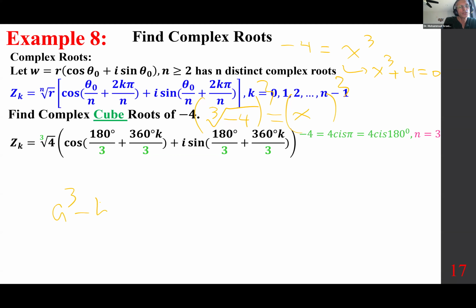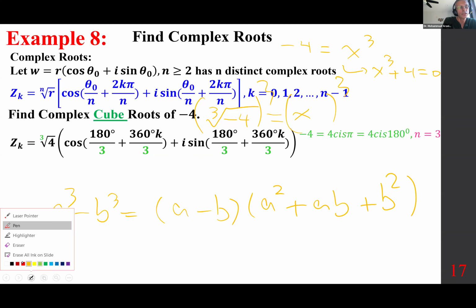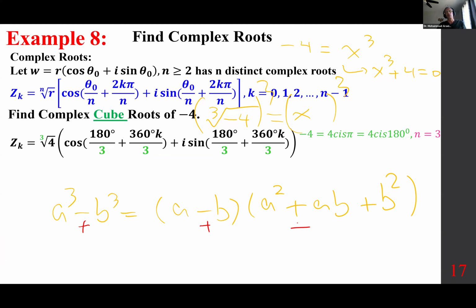a cubed minus b cubed is a minus b times a squared plus ab plus b squared. Please understand this is not a perfect square trinomial. If we had a plus sign here, we would have a minus sign here, and a plus sign there. And for example, x cubed equals 1.